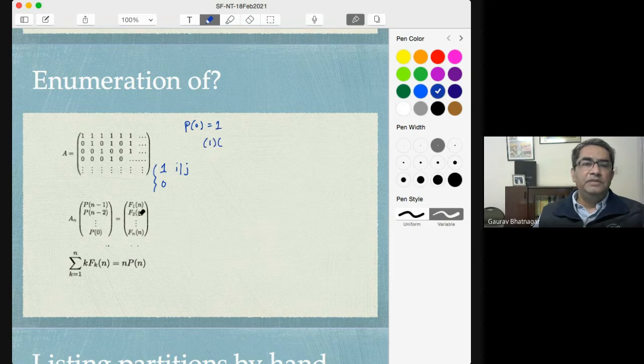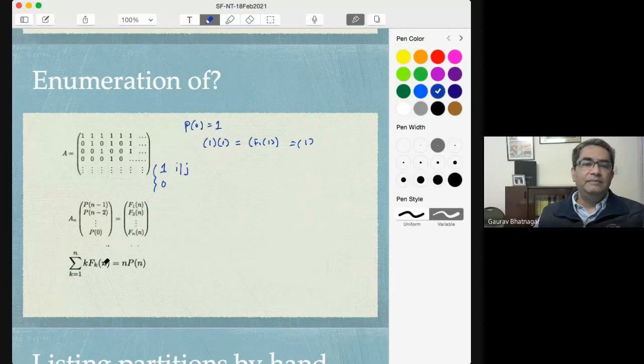Then times p0, that's 1, and on this side I will get f_{1,1}. If I multiply this matrix, I'll get 1. So I get f_{1,1} is 1, and then I use this equation to find p1. So I know p0. Now I find p1 from here.